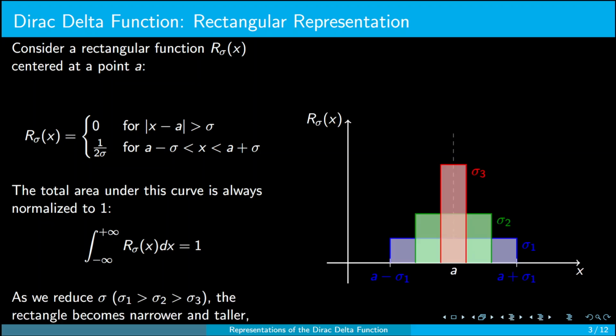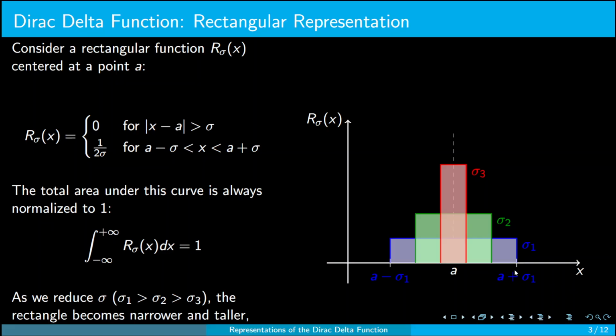Here we have the graphical representation of this rectangular function. If we see this blue line, here is the center line a, so a minus sigma 1 and a plus sigma 1. This length is 2 sigma 1.